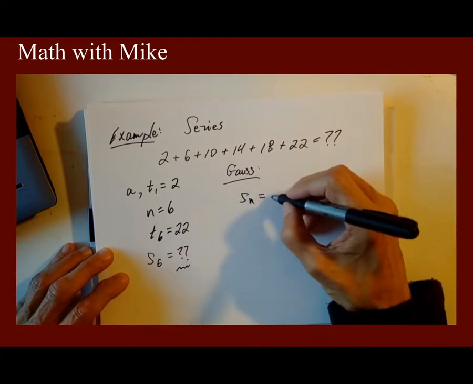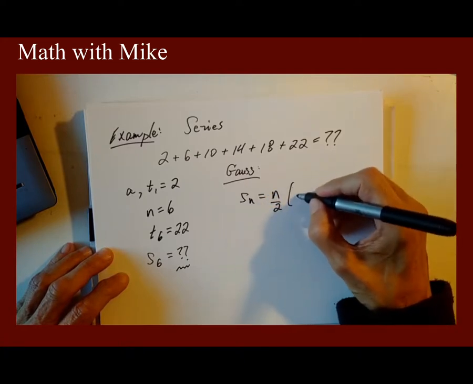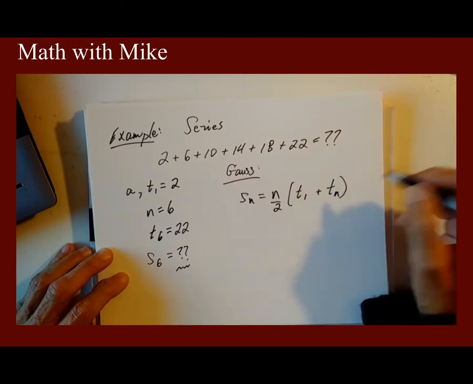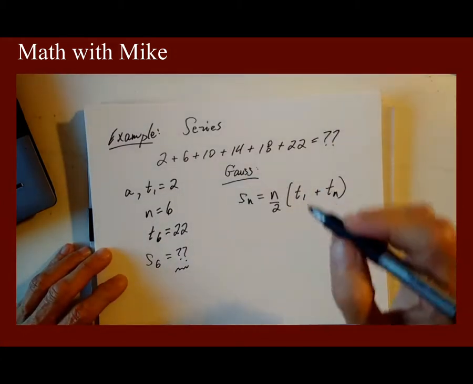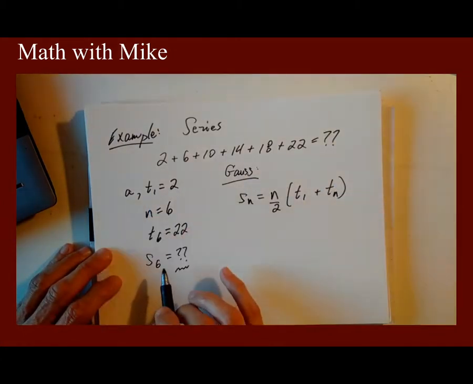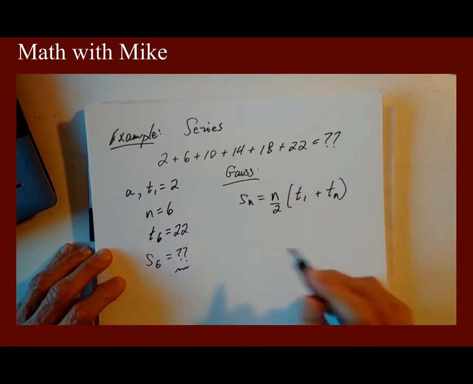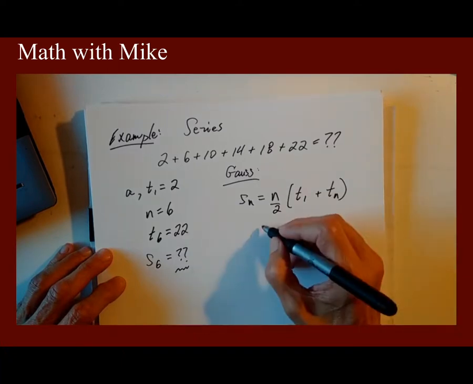Sn, the sum, is equal to n over 2 times the first term plus the last term. Okay? And now, from our list, we can see we have almost all of these things, if not all of these things. So we can sub them in now and work them out.